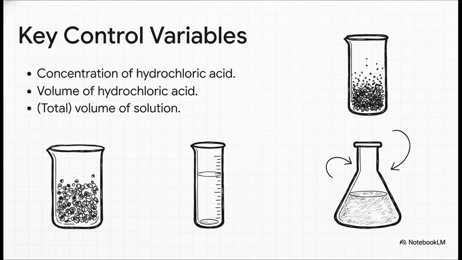You've got to keep the acid's concentration the same. You've got to keep the acid's volume the same. And this one's a bit tricky but so important. You've got to keep the total volume of the liquid in the flask the same. Why? Well, think about it. If the liquid is deeper one time, it'll take longer for the cross to disappear, right? So keeping the total volume constant makes it a fair comparison. Nailing these 3 shows you're a serious scientist.